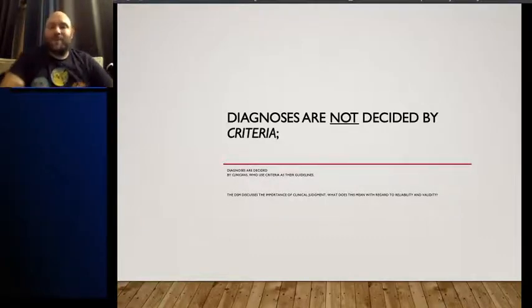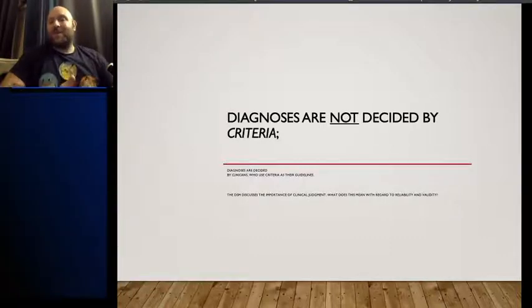So think about, for example, if someone is grieving, they had a death in the family, chances are they're going to meet all the criteria for depression. However, we don't diagnose depression because someone's going through the normal expected grieving process, right?